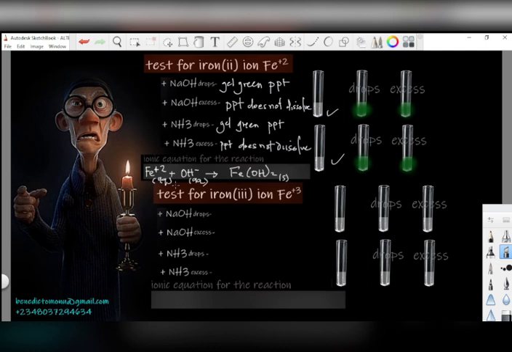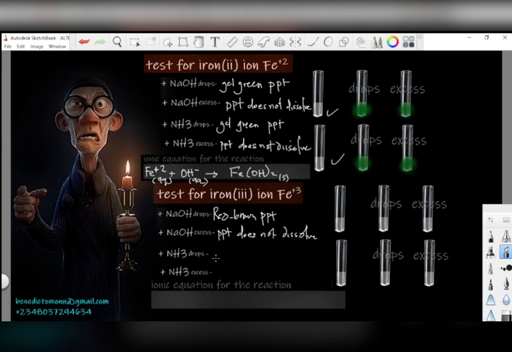We go to test for iron 3 ion. Something different happens if this ion is exhibiting the +3 oxidation state. When you add sodium hydroxide, it won't give you a gel green precipitate. Instead, it will give you a reddish brown precipitate, and the precipitate does not dissolve in excess sodium hydroxide.